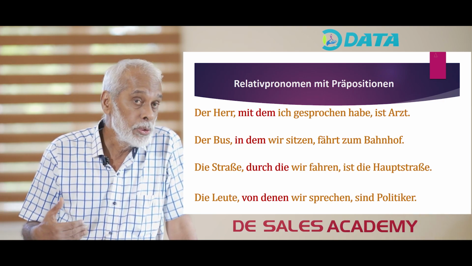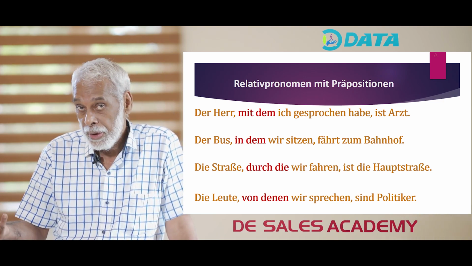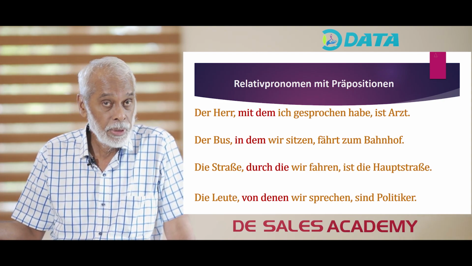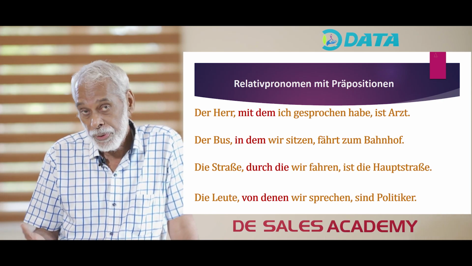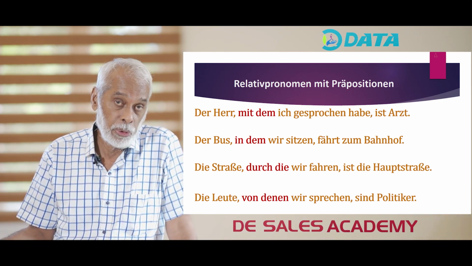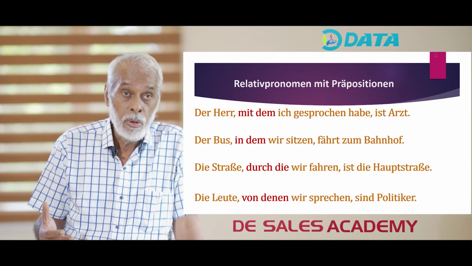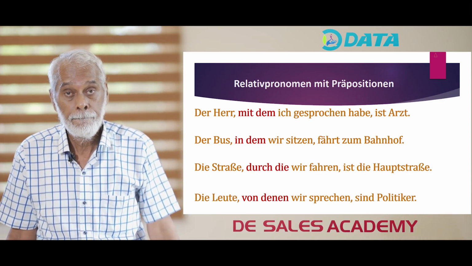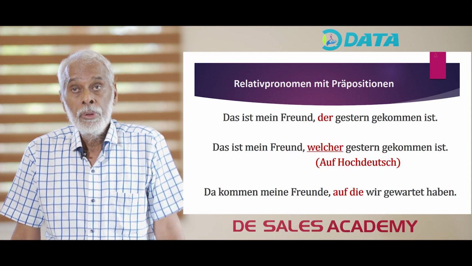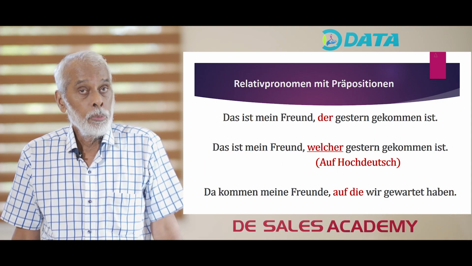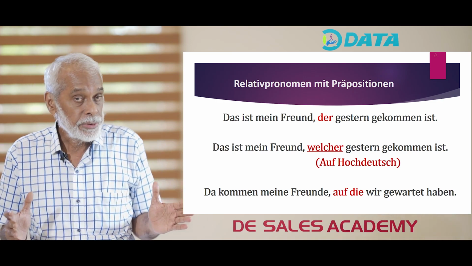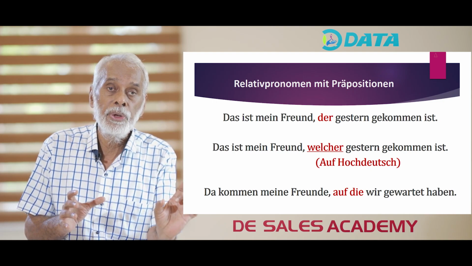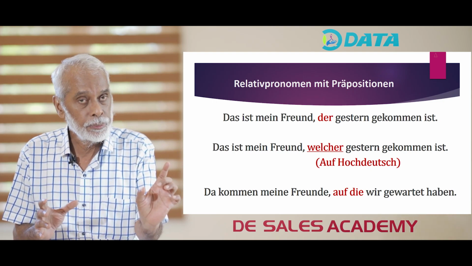The street through which we are traveling is a main street. Die Leute, von denen wir sprechen, sind Politiker. The people about whom we are talking are politicians. So, relative sentences can also have a preposition in front of the relative pronoun.